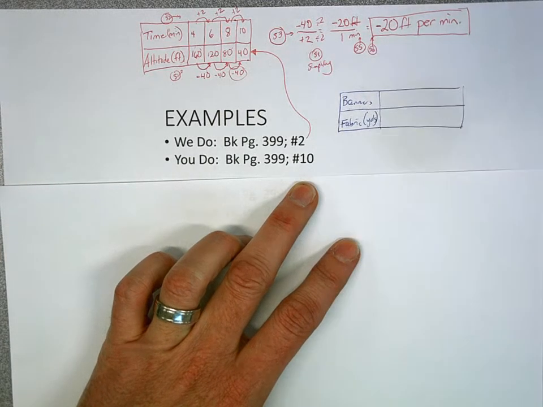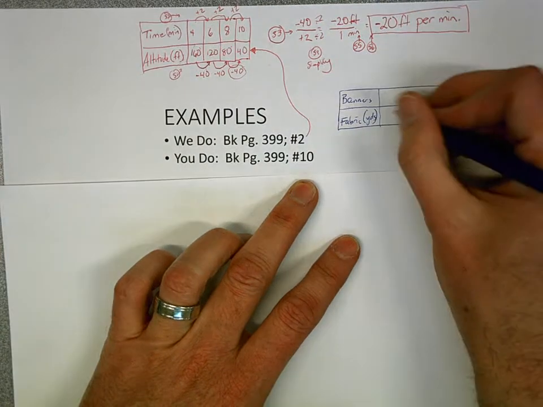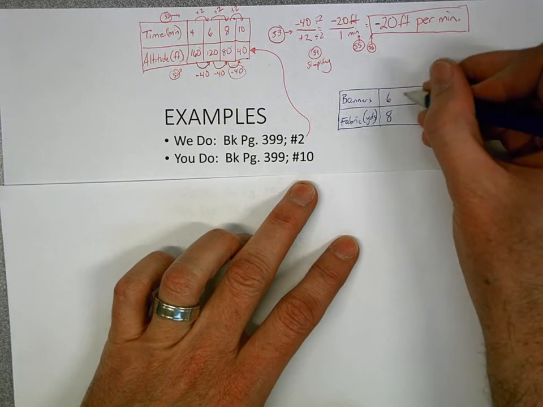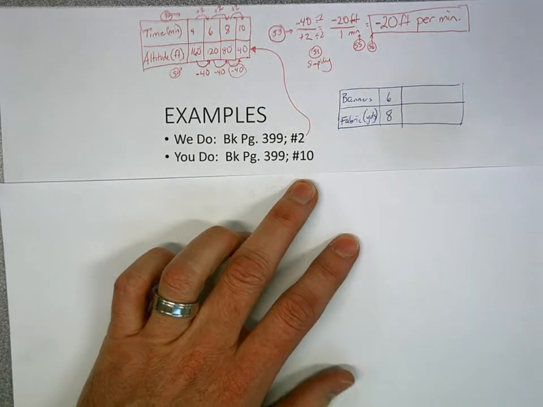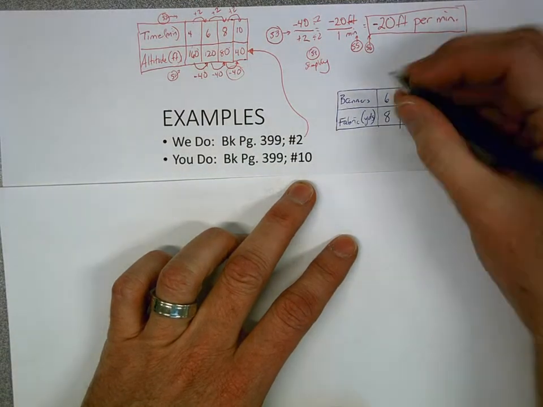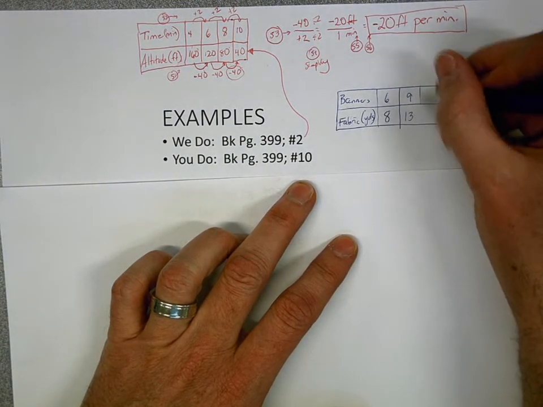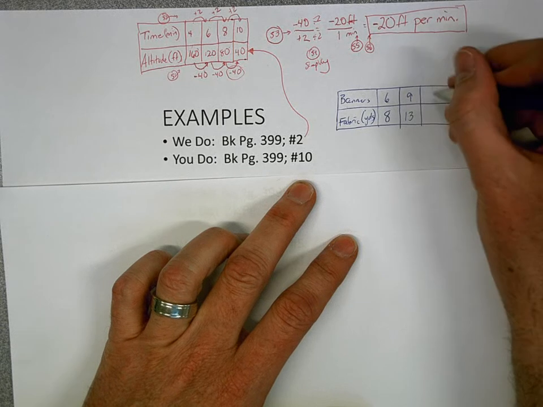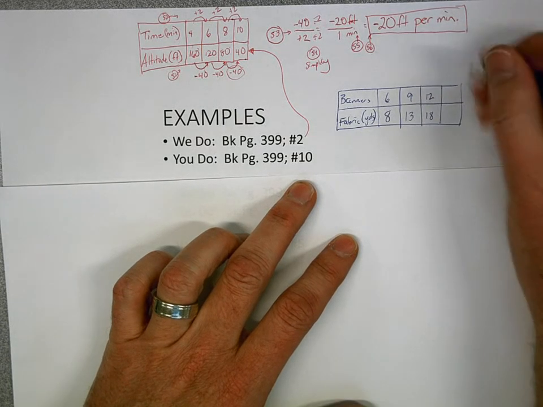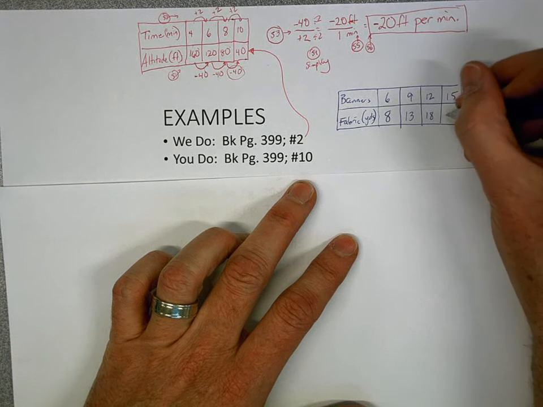When there were 6 banners, there were 8 yards of fabric. When there are 9 banners, there are 13 yards of fabric. When there were 12 banners, 18 yards of fabric. And when there are 15 banners, there are 23 yards of fabric.